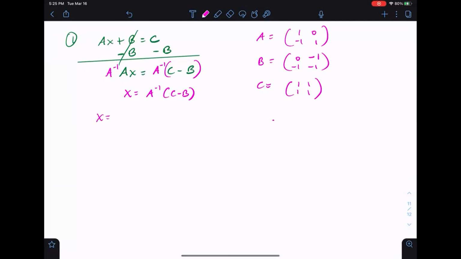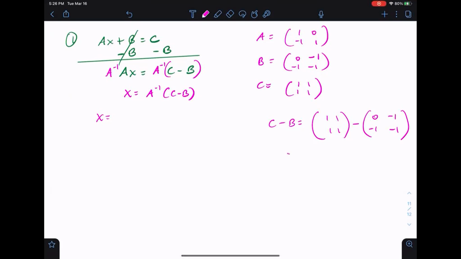So c minus b will equal this new matrix, right? C is 1, 1, 1, 1, and then B, let's see, what is B? It's 0, -1, -1, -1. So you can do these things, right?